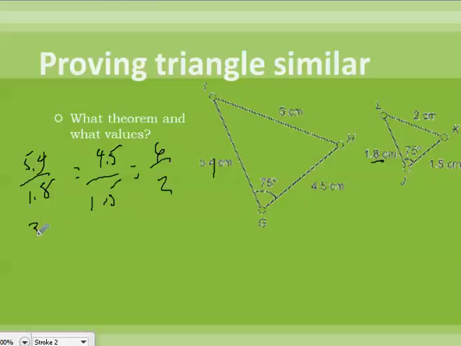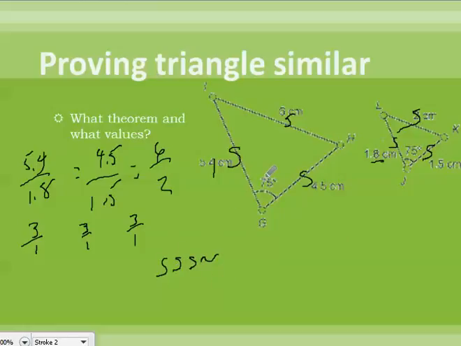Yes, all these are equal to 3 over 1. So I could put an S right here and an S here because those are proportional sides. S here for sides and an S here for sides. So I could say side, side, side, similarity.